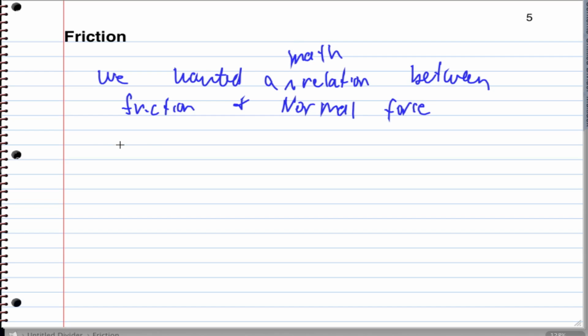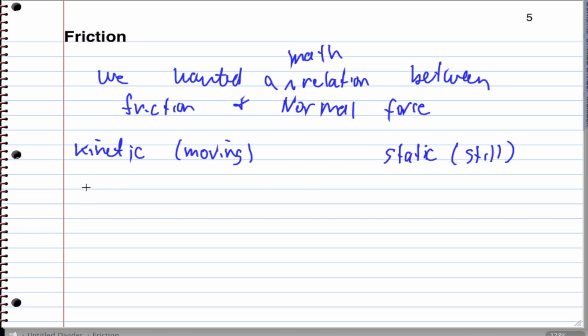And this is the conclusion we reached. We said there's two types of friction. There's kinetic friction, which means the object is moving, and there's static friction, which is an object standing still. And what we concluded was the kinetic friction force is proportional to the normal force on the object.